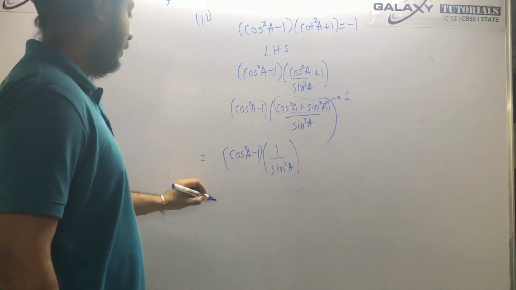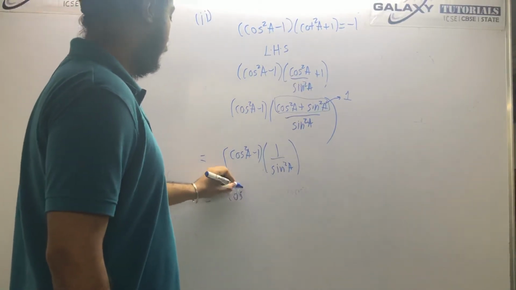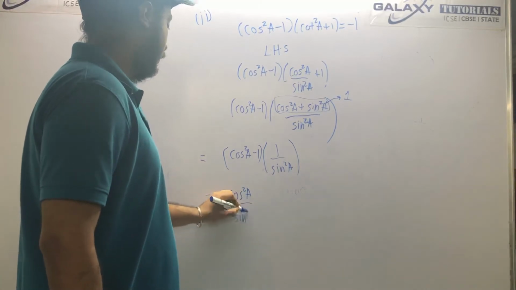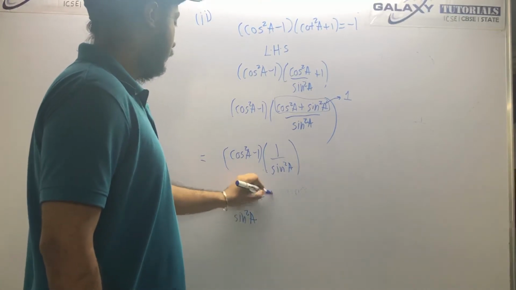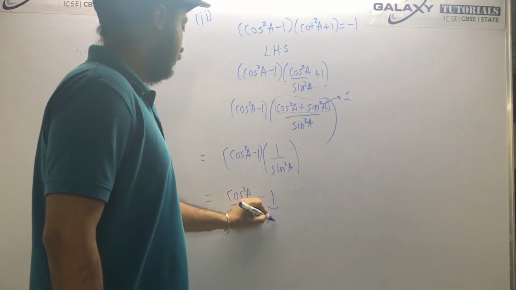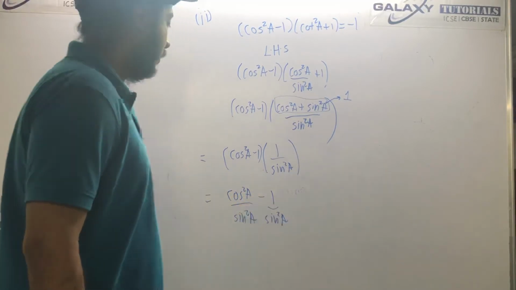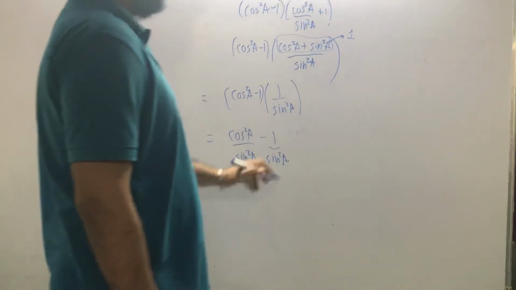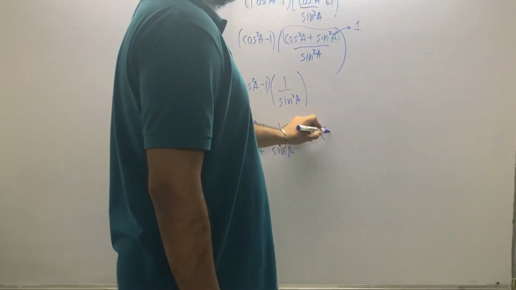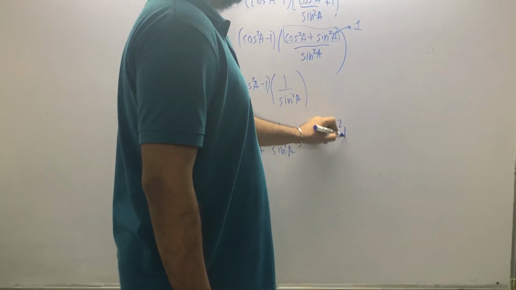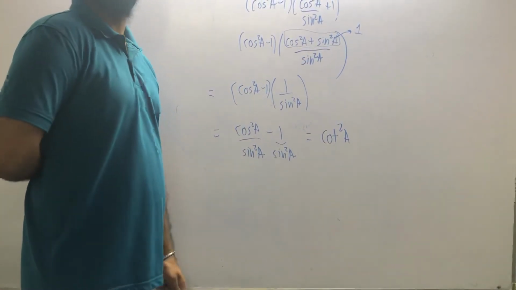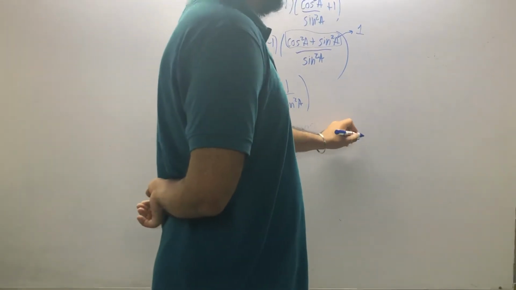So now you can write it like this. So what is cos square a upon sine square a? Cos square a upon sine square a is cot square a, and 1 upon sine square a is how much? Cosec square a.